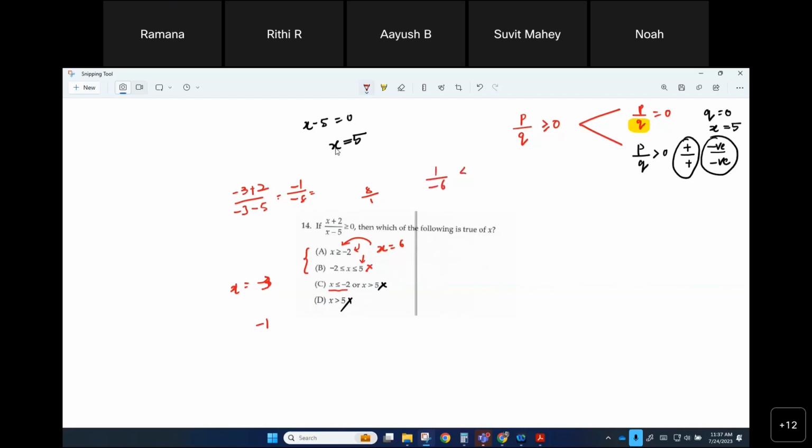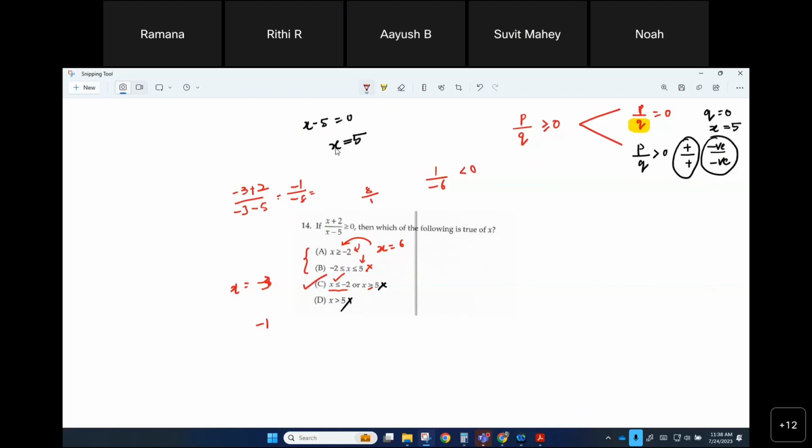There you go. That is less than 0. That means x has to be less than or equal to -2, or x has to be, again, this is a typo. He must have given greater than or equal to 5. That's a typo. Your answer is C.